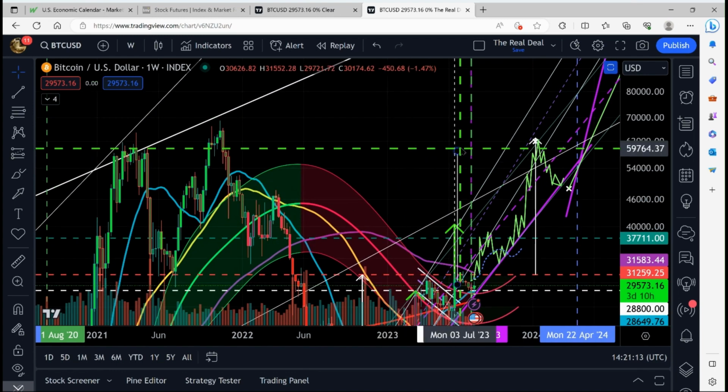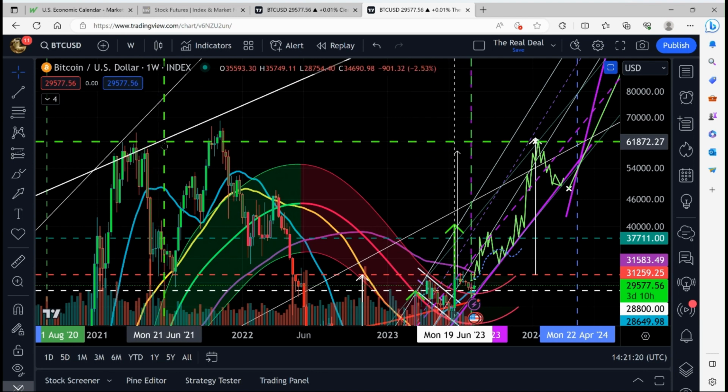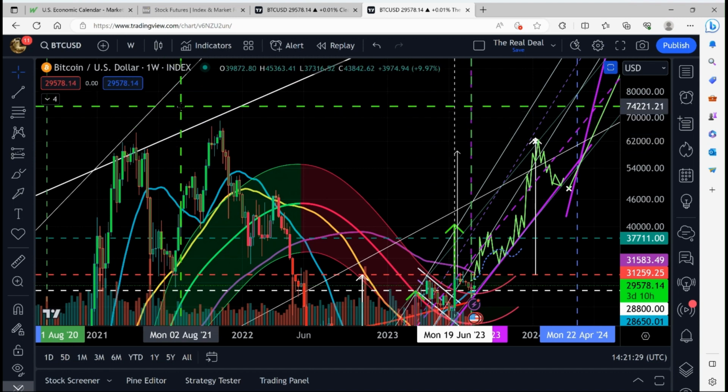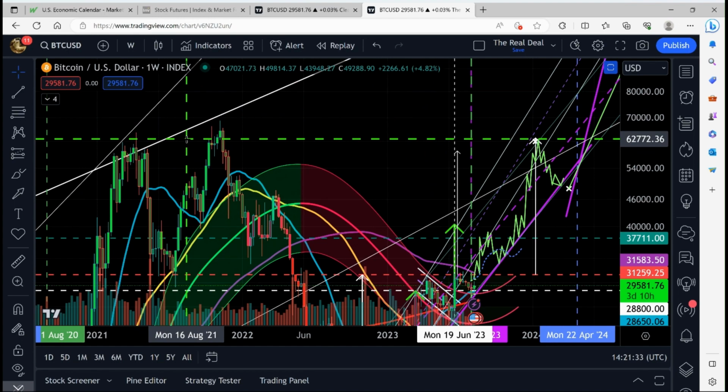Pull this guy down a little bit. 62,000 you can see back here is about as high as we'll go, I think, before the halving. Maybe we get up here above the all-time high before the halving. I don't think so. I think we'll stop just a little bit short of it.